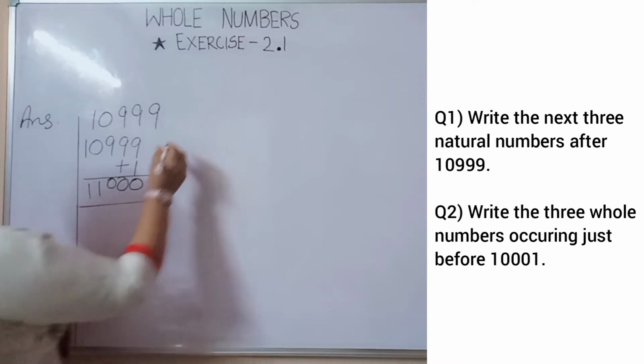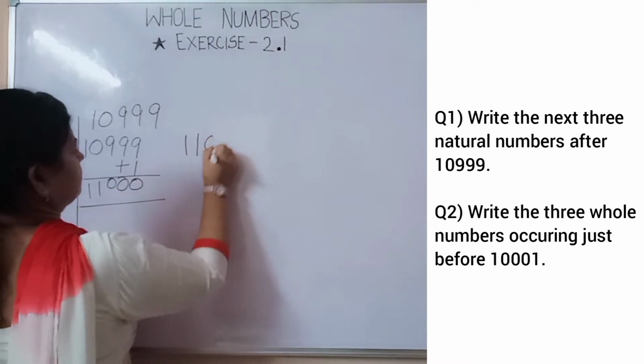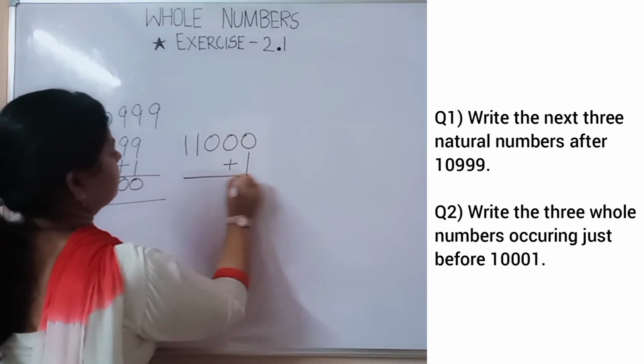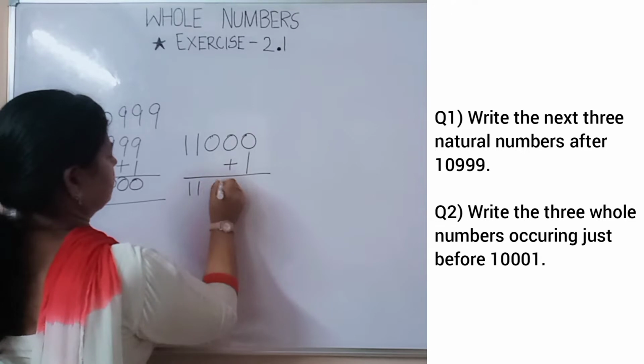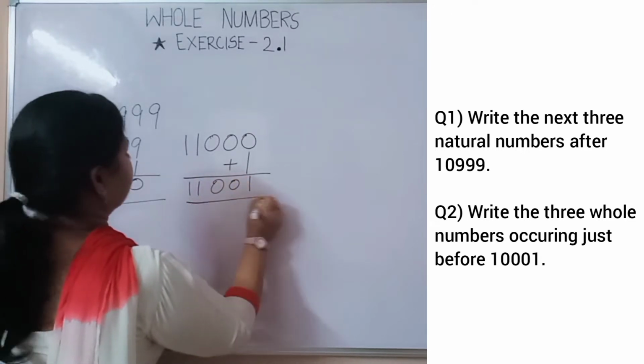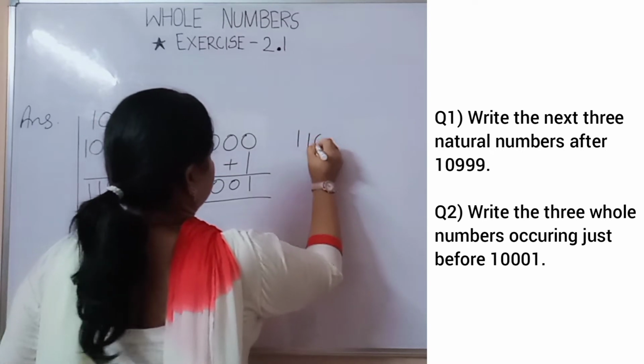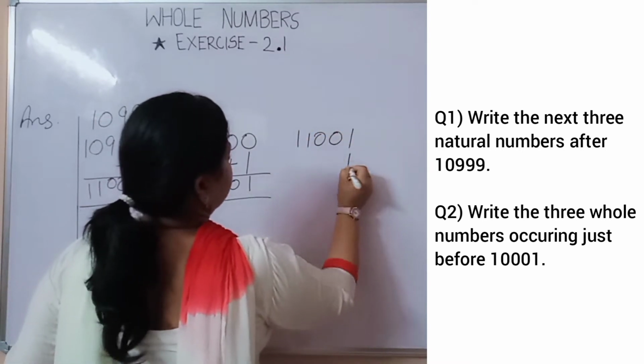Again, next number. Again we add 1. So we have now 2 next numbers, and again to find out the next number I will add 1.